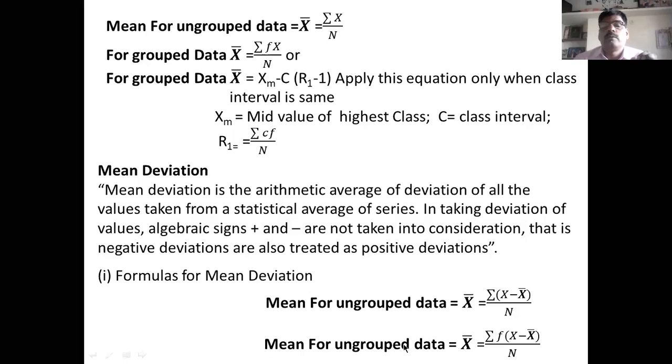This is mean deviation from mean. If mean deviation from median is asked, instead of x bar, you take the median. If mean deviation from mode is asked, you take the mode in place of x bar. This is the point you remember. I'll take one example on each: mean deviation from median, mean deviation from mean.